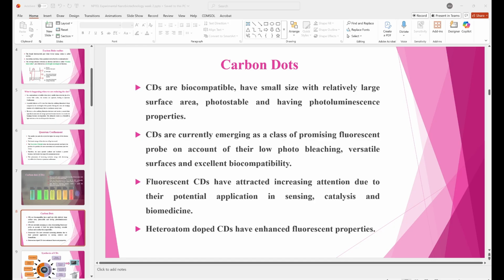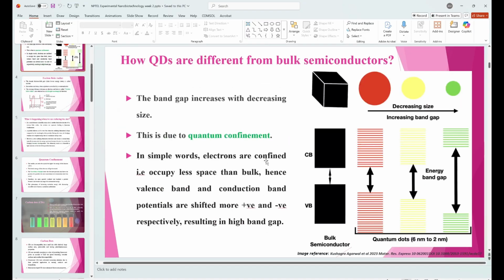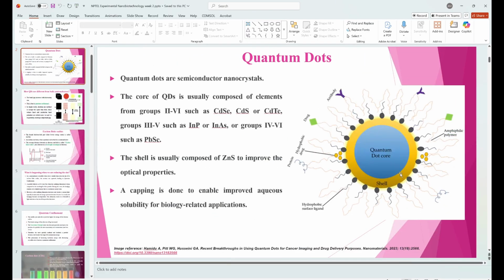I showed an example of a quantum dot where you have a core and a shell. This core is the carbon dot, the shell is your quencher. We have an excitation wavelength and an emission wavelength. Whatever is being emitted by your carbon dot is getting absorbed by your quencher, and the quencher is not giving out any emission.